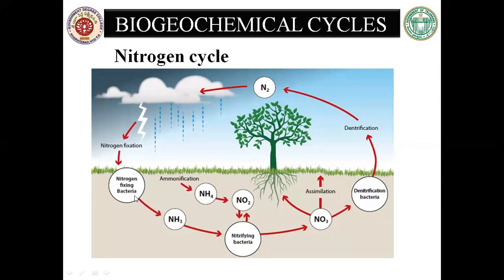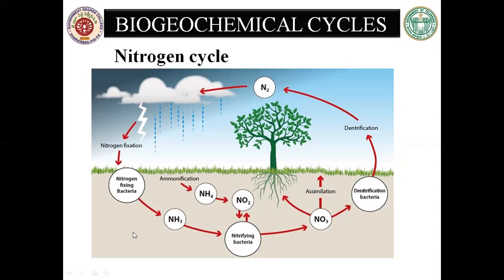First is through nitrogen assimilation. Next is through ammonification, which converts into ammonia. Ammonia is then converted into nitrites and nitrates by nitrifying bacteria, and these nitrates are again converted back into atmospheric nitrogen through denitrification or denitrifying bacteria.